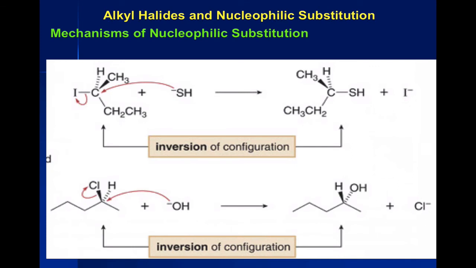So if we look at some examples, here we have, what is that? 1, 2, 3, 4, 2-iodobutane. What is that, R or S? I'm turning to the left, right? So it's S. We react this with SH minus, which is a supernucleophile. It attacks from the back. The leaving group leaves.